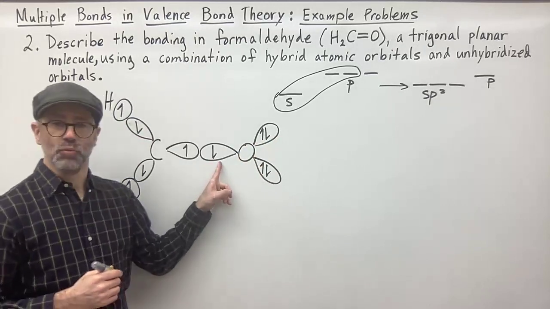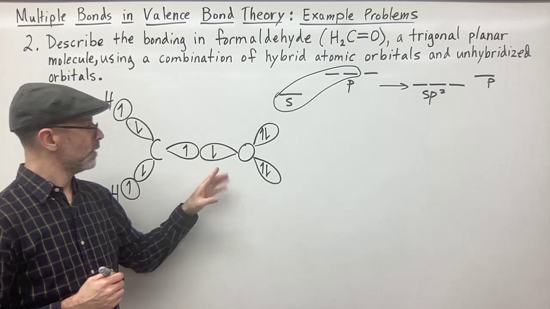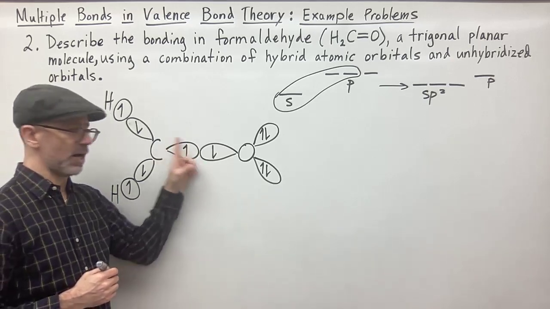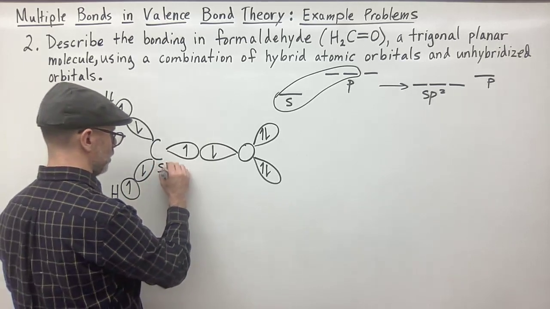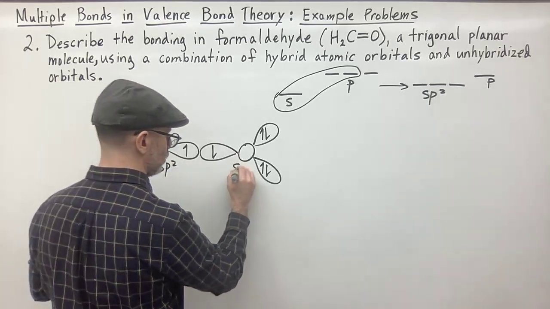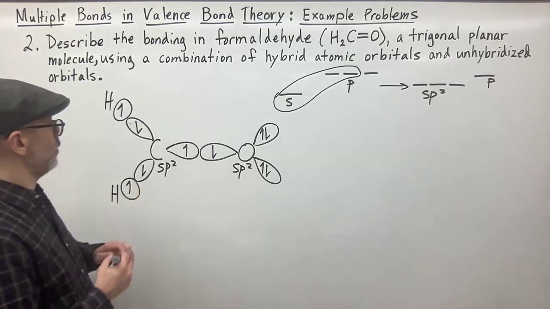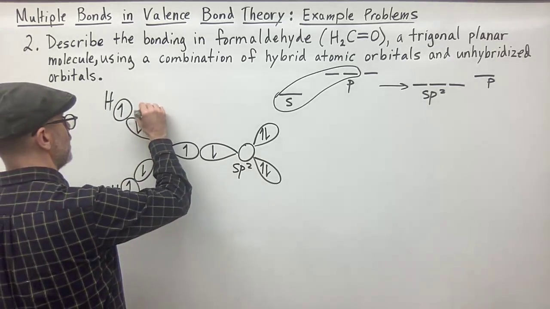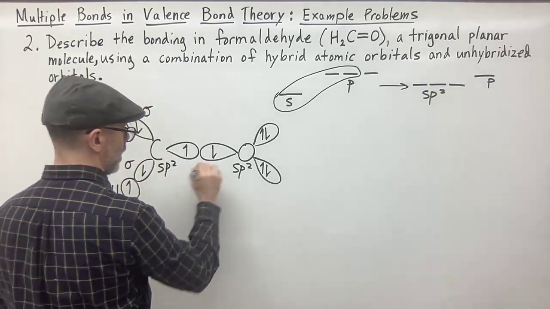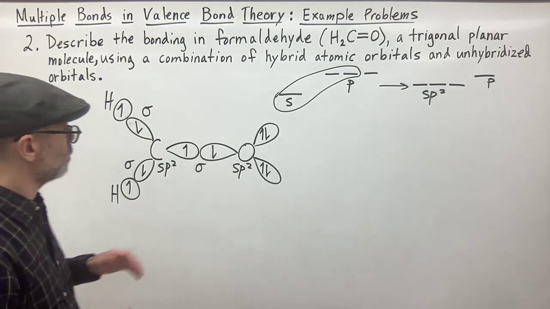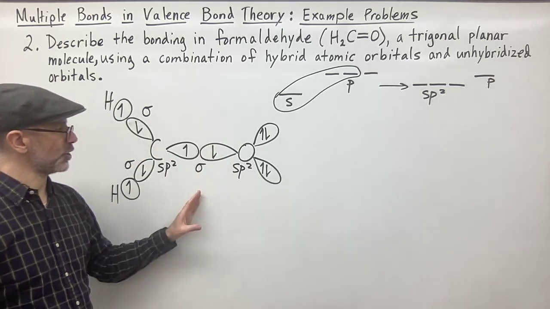We have one single electron in this orbital that's going to pair up with the single electron in this orbital. So, again, these are sp2 hybrid orbitals. So we've got a sigma bond here, a sigma bond here, a sigma bond there. And so here we have our sigma bonding structure.